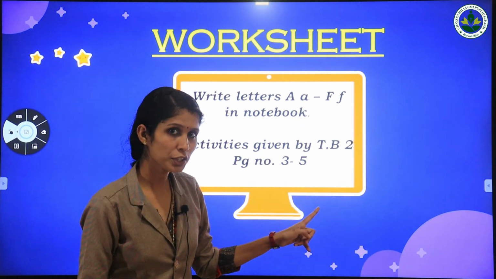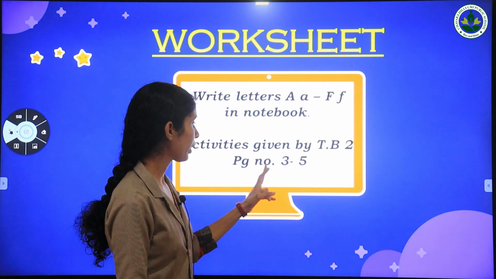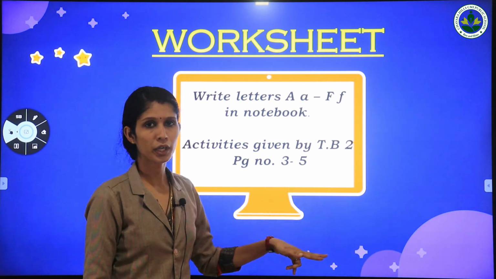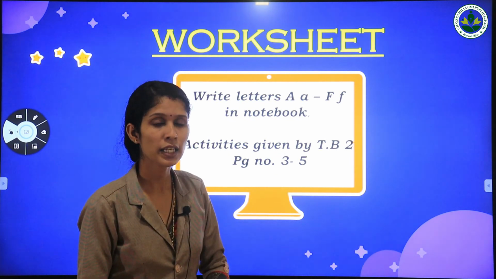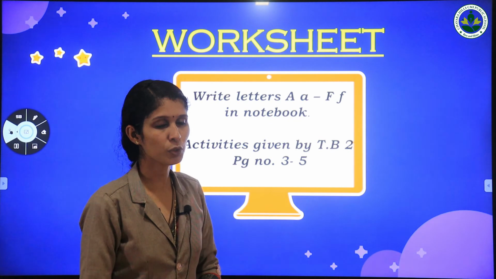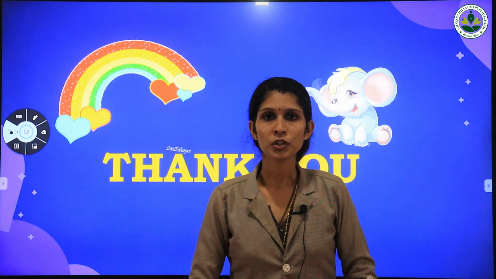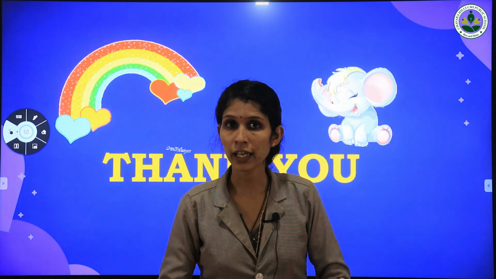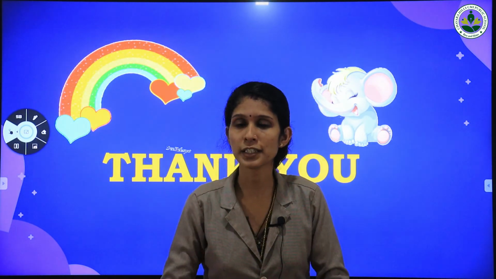Take your English textbook number 2 and take page number 3 to 5. So today we learned capital letter A, small letter a to capital letter F and small letter f.